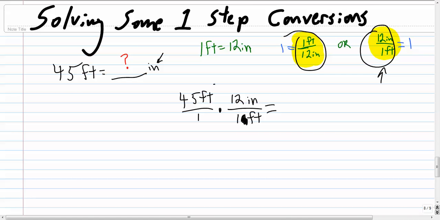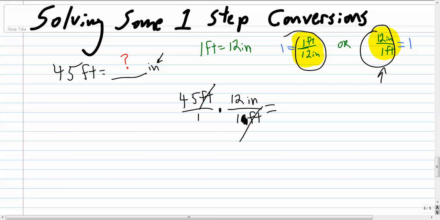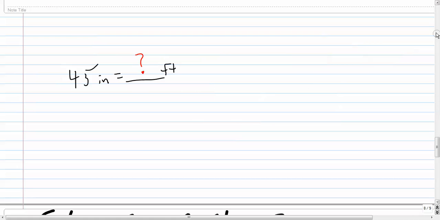So our feet cancel out, and all we have to do to get our answer is go 45 times 12, and that is 540. So there is problem number 1. 540 what? Well, since feet canceled out, it's inches. There we go. So next one.